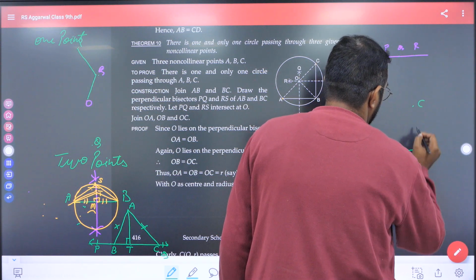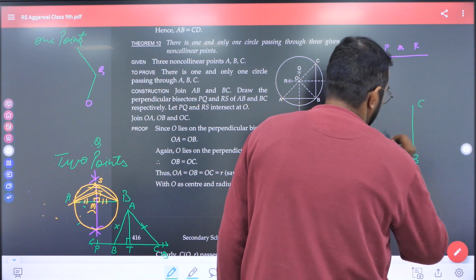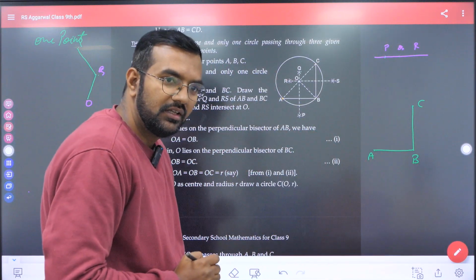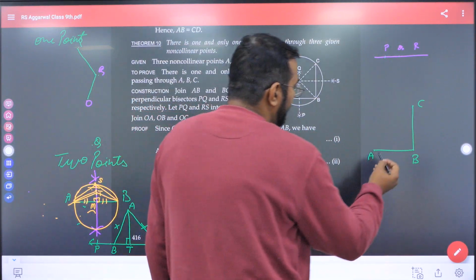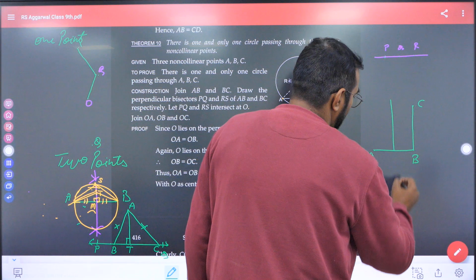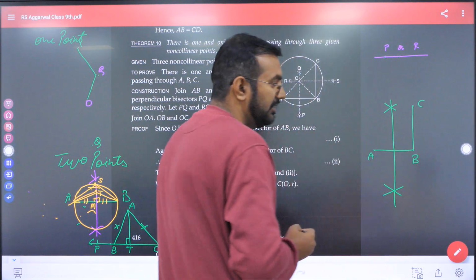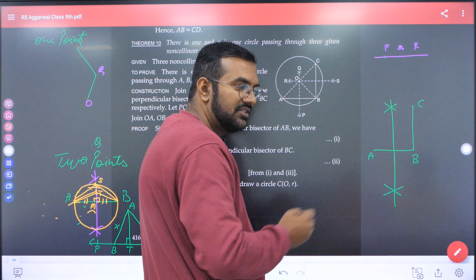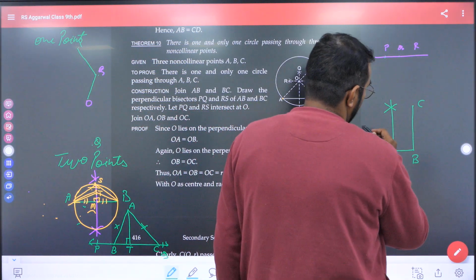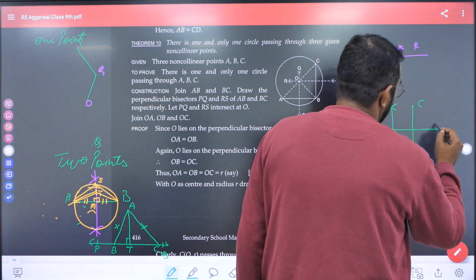Join AB and BC. Then draw the perpendicular bisector of these lines: the perpendicular bisector of AB as well as the perpendicular bisector of BC.